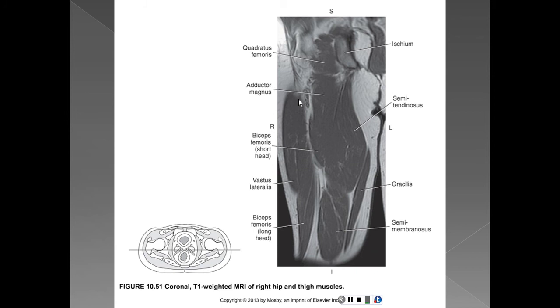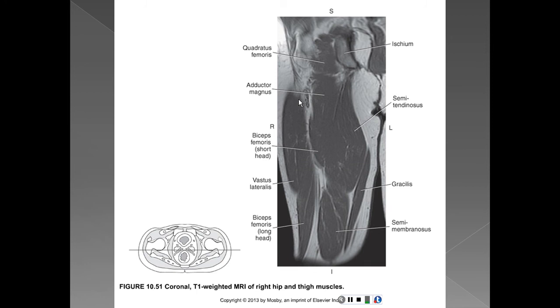So here is a coronal T1 weighted image of the right hip and thigh muscles. And so now we've got to talk about adduction. So adduction is towards the body. Abduction is away from the body, right?